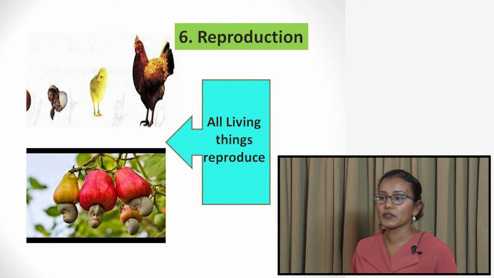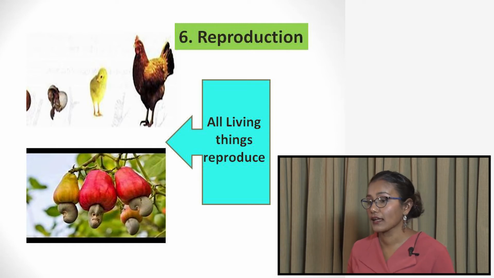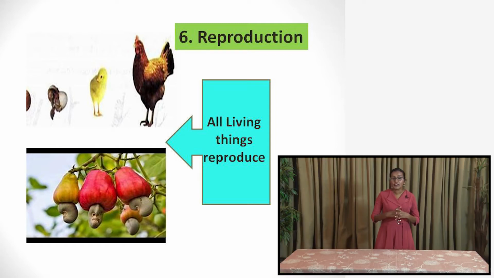Six. Reproduction. All living things reproduce. Reproduce means to produce new ones of the same kind. Now if you look at the picture at the top, there was an egg, and from this egg we got a chick, and this chick grew into a hen. So this hen reproduced and got another chick, right?